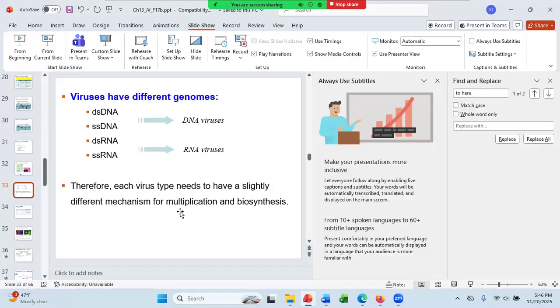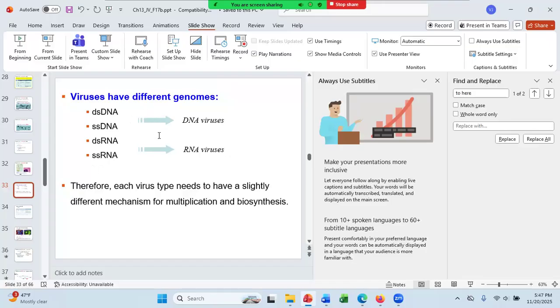All right. Viruses have different genomes, like double-stranded DNA, single-stranded DNA, double-strand RNA, and single-strand RNA. And remember, if you talk about single-strand RNA, you have to separate it into positive strand single-strand RNA and negative strand single-strand RNA. The virus requires slightly different mechanisms for multiplication of this genome.